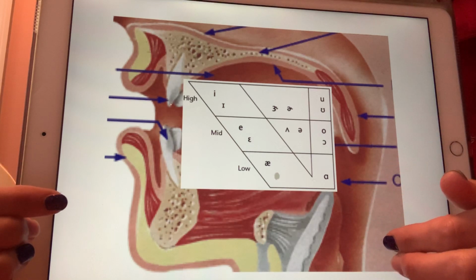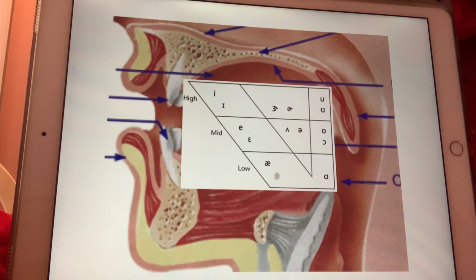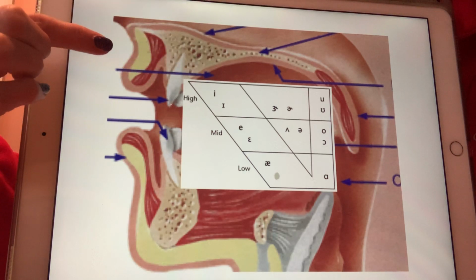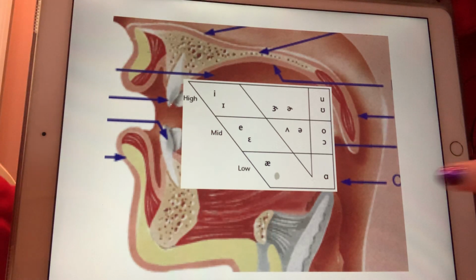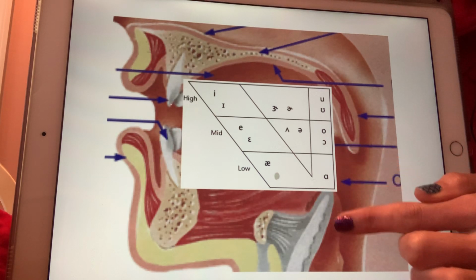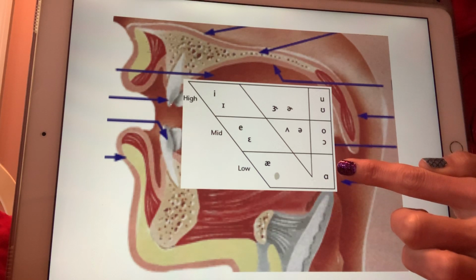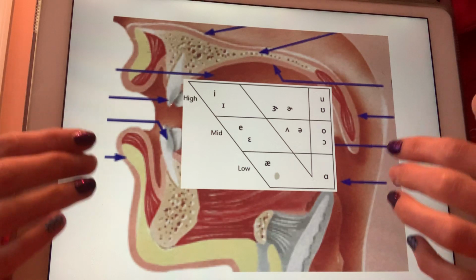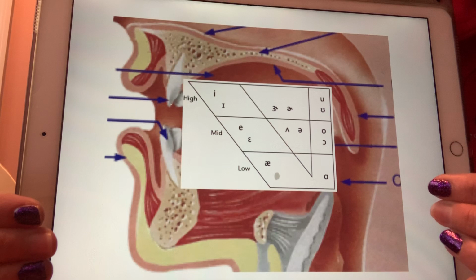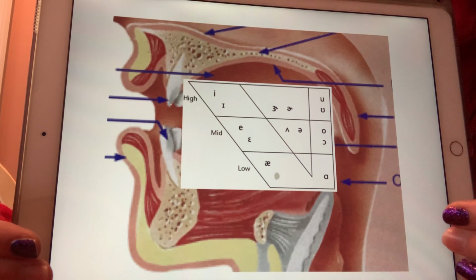So thinking about that, certain vowels are closer to certain resonators. E is really close to that giggle space, isn't it? Ah is practically in the passion or width resonator. It's right there in the pharynx. So when we think about that, those vowels tend to resonate in those spaces more easily.